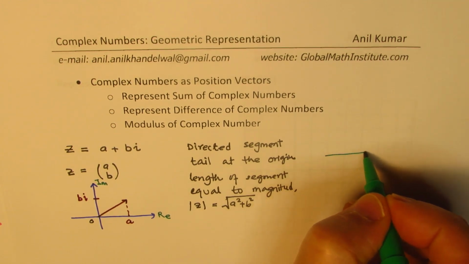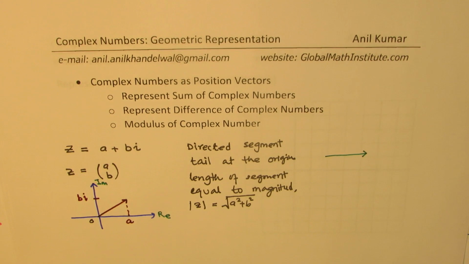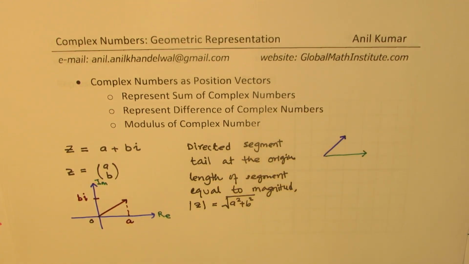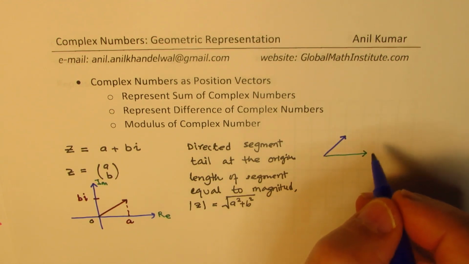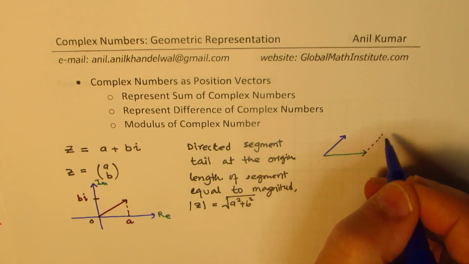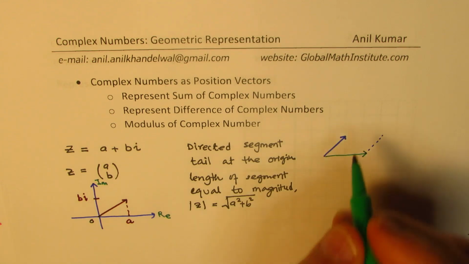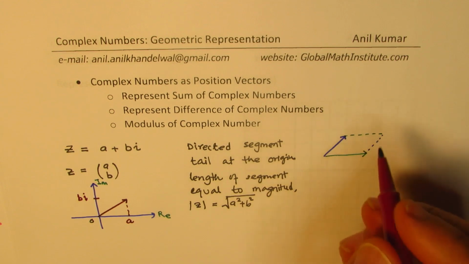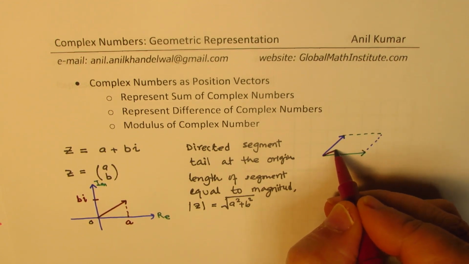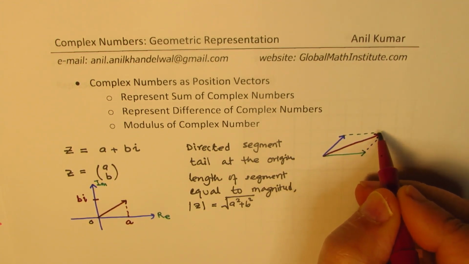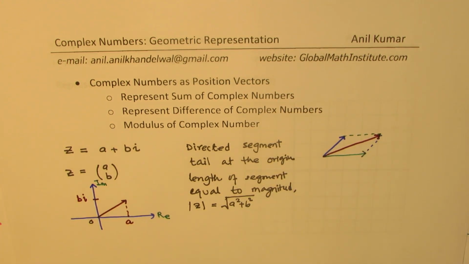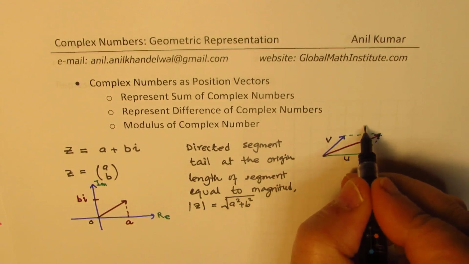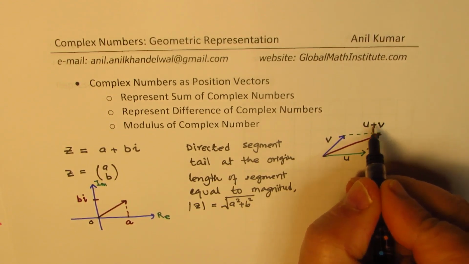So if I have a vector, let's say this is one vector and the other vector is kind of like this, in that case we could add these vectors by forming a parallelogram. Right, so in that case the vector which is the diagonal of this parallelogram is the sum of these two vectors. So if I have vector u and a vector v, then this vector is u plus v.